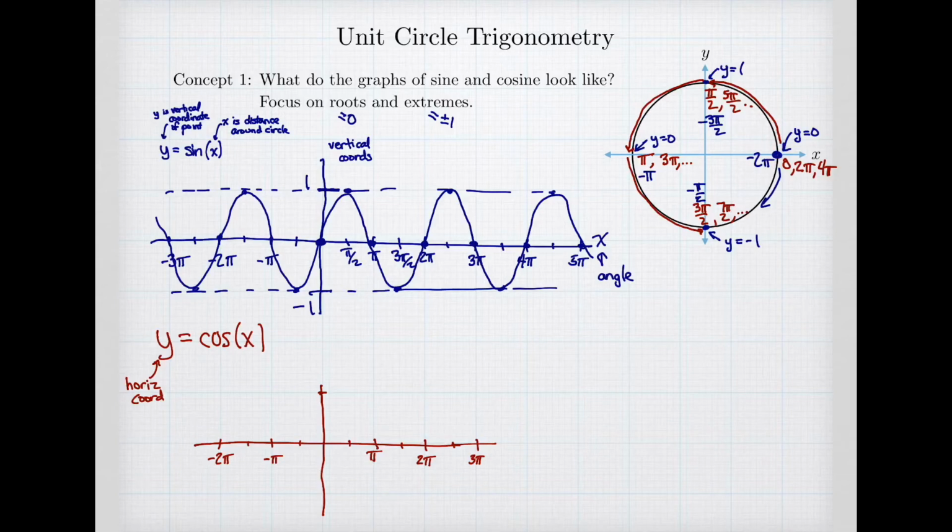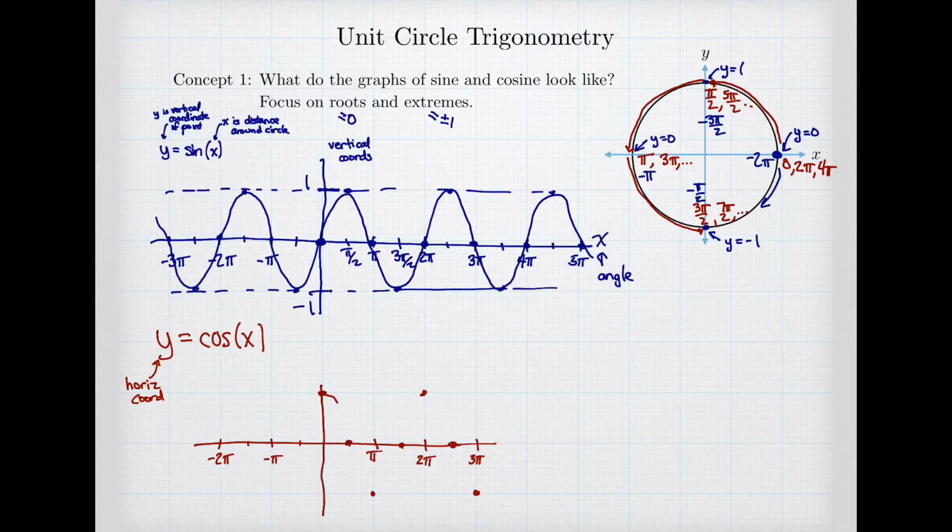And so I start at 1. As I go around the circle and I reach the first corner, I'm now at pi over 2. The x-coordinate has fallen to 0. And as I now continue, when I get to the left side of the circle, my horizontal coordinate is now -1. And as I go around, I go through 0, +1, 0, -1.